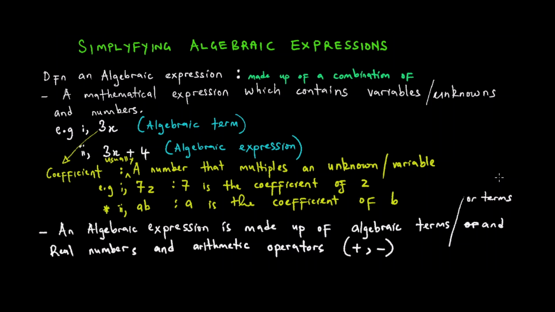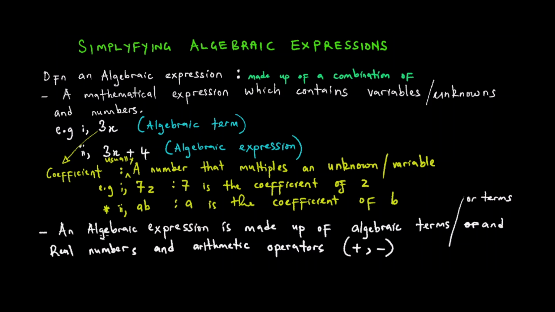So example 2 we gave for algebraic expressions is this algebraic expression. It's made up of 2 terms. The first term is 3x, the next term is 4. 3x is called an algebraic term because it has 3 and x, then 4 is just called a term, or you can call it a real number.